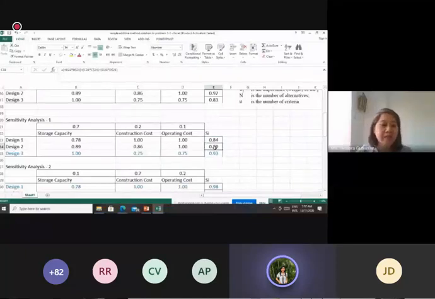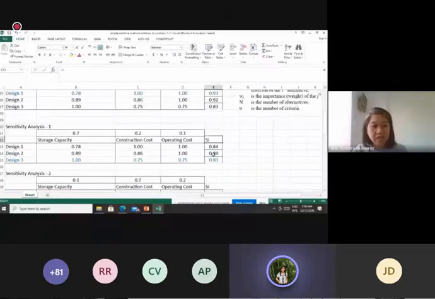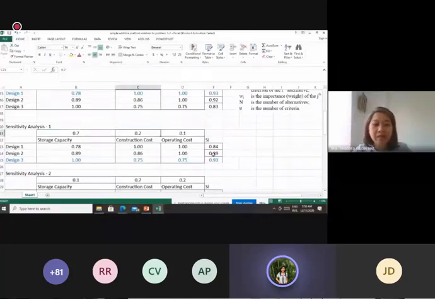Next, design 2: 0.89 times 0.7 plus 0.86 times 0.2 plus 1 times 0.1 is 0.89. And the same with design 3. Now, you will notice that there is a change in the decision. Design 3 now is the best option, given that the weight of my capacity is high, or 0.7. So this is my priority, the capacity.